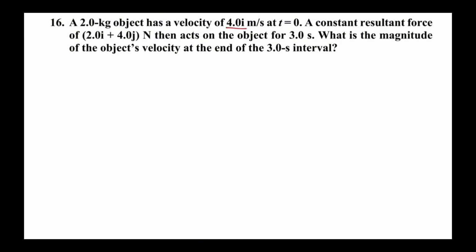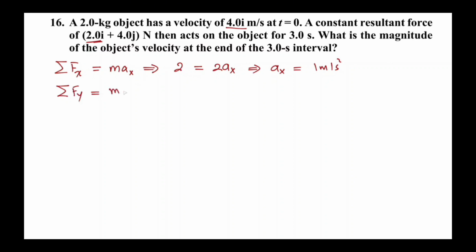Once we calculate the ax and ay, we can use equations of motion and find the velocity components. So the sum of all forces on x equal to max, and in this case here Fx is 2, and the mass equal to 2, so 2 equals 2ax, ax equal to, in this case, 1 meter per second squared, and Fy equal to may.